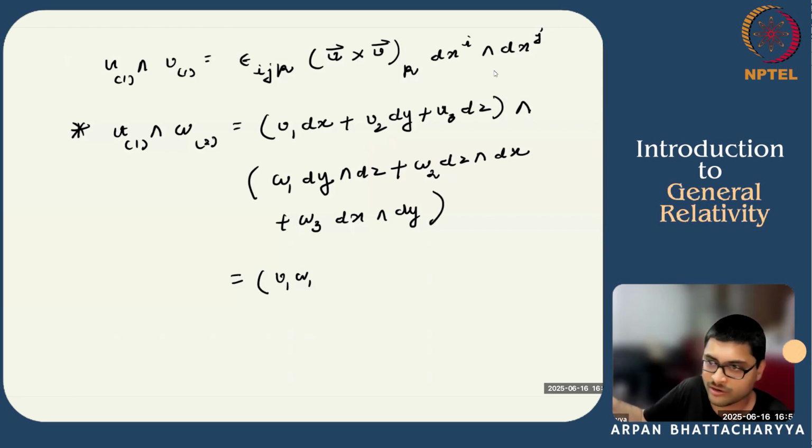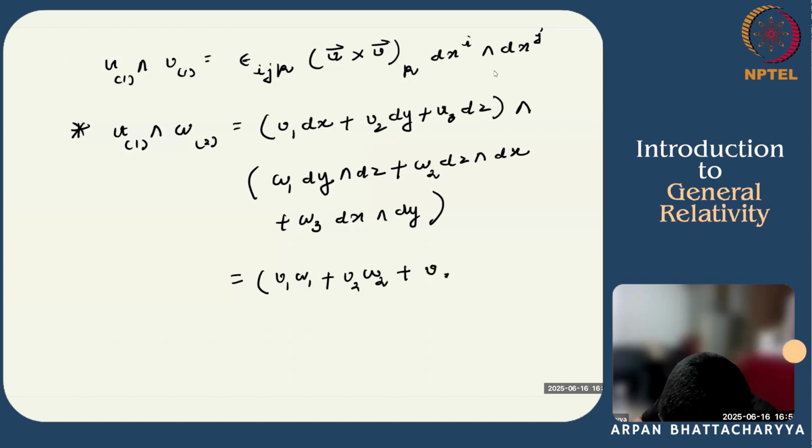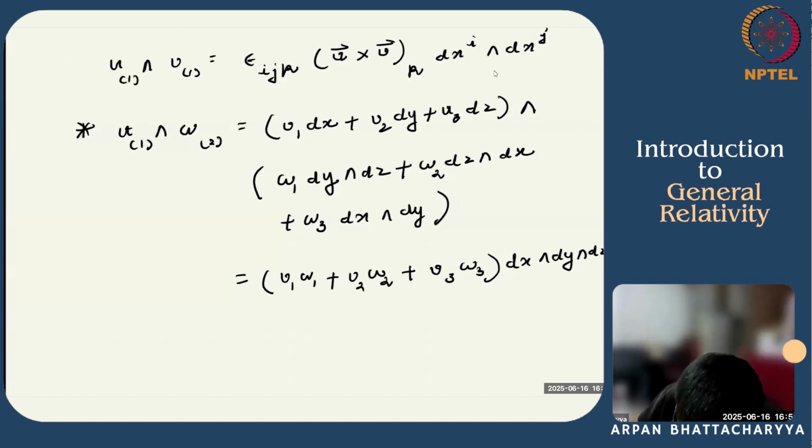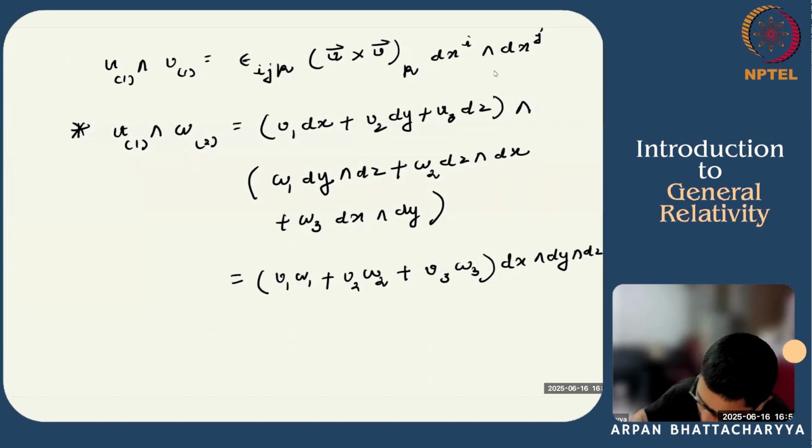If two elements are the same, it's 0. We have only 3 non-vanishing terms from here. So v1 omega 1 plus v2 omega 2 plus v3 omega 3, times dx wedge dy wedge dz. Of course this makes sense because this is a 1-form, this is a 2-form, and their wedge product will give a 3-form.